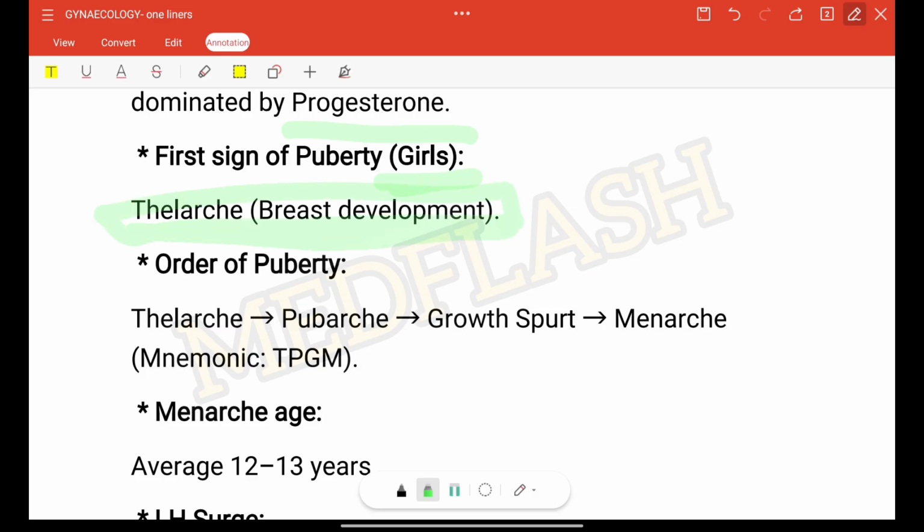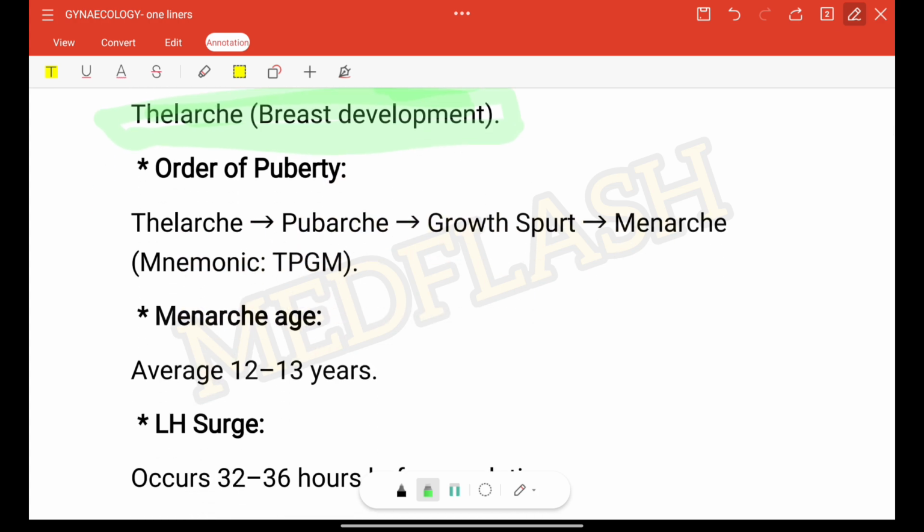Order of puberty in girls is thelarche, after that pubarche, pubic hair, after that growth spurt, and after that menarche, menstruation. Menarche age is average 12 to 13 years.